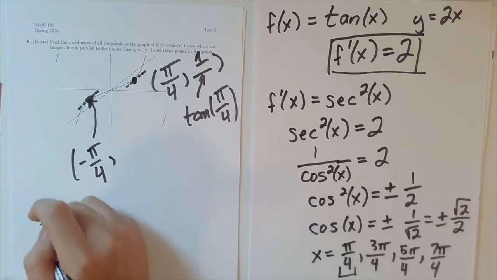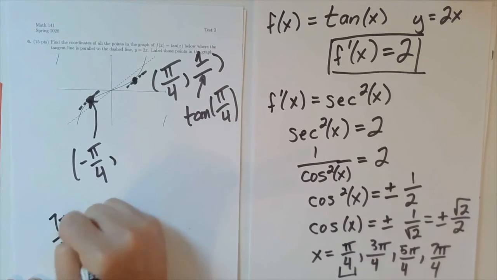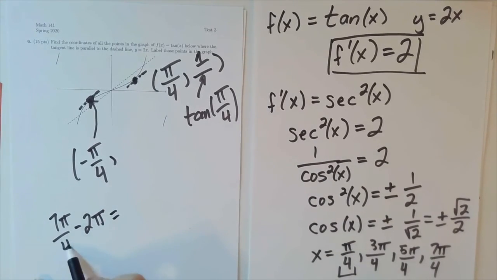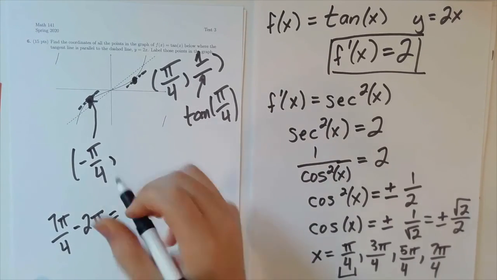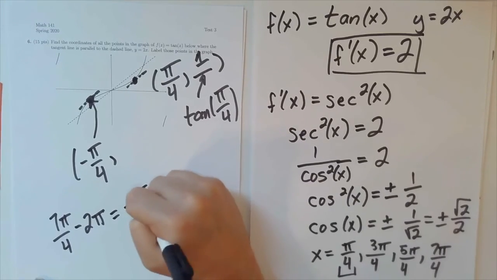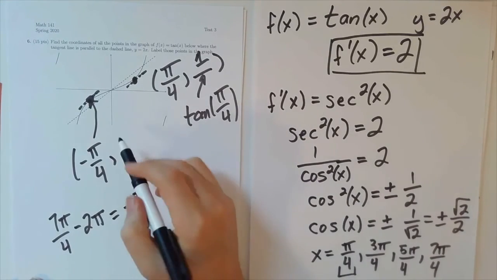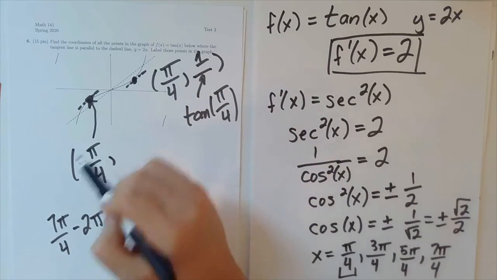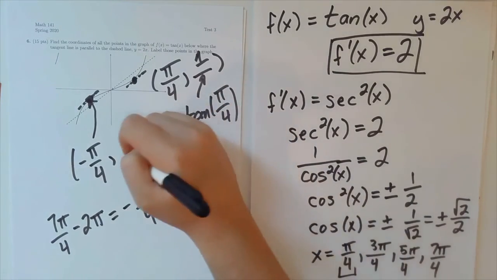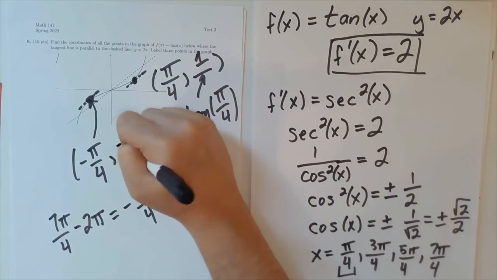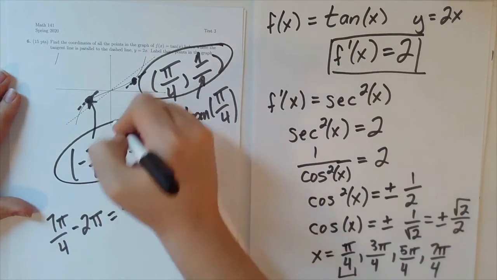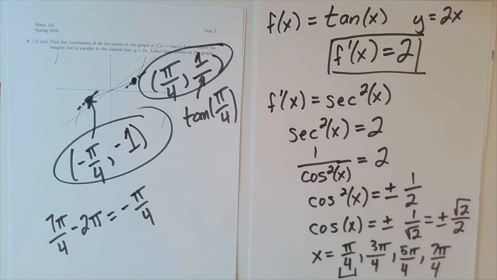Or if you want, you could write 7 pi over 4, and then we know if I change this by 2 pi, I don't change where I end up on the unit circle. And so that's 7 pi over 4 minus 8 pi over 4, and that gives me minus pi over 4. Then all I have to fill in is the tangent of minus pi over 4, and the tangent of minus pi over 4 is minus 1. Okay, and so that point and that point, those are the 2 points I'm looking at.